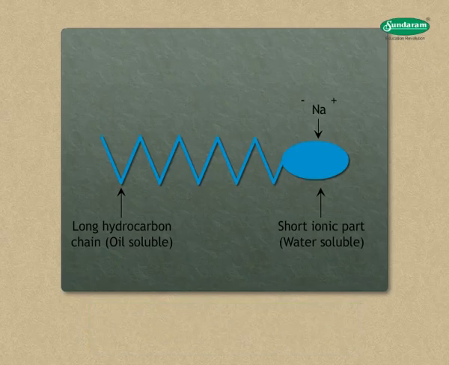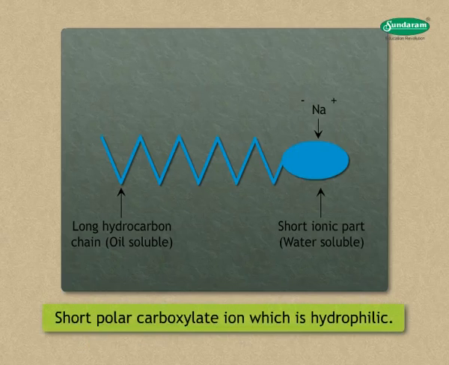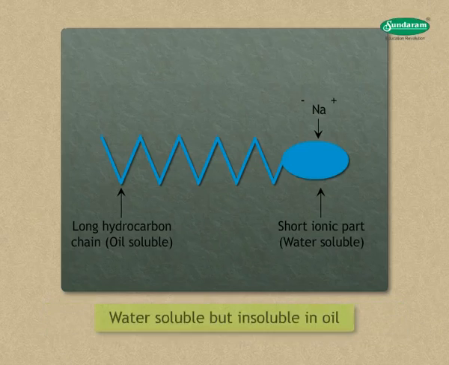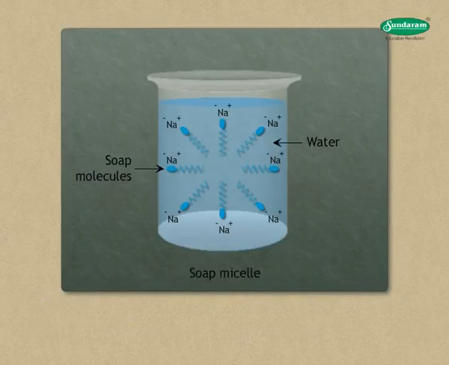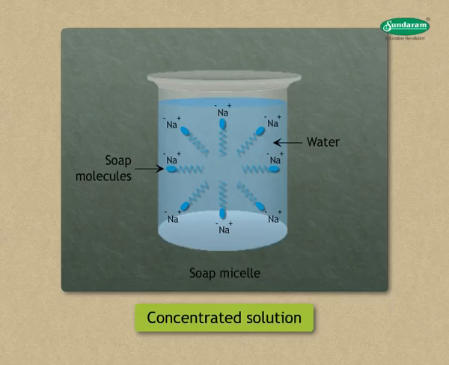At the other end of the soap molecule is a short polar carboxylate ion which is hydrophilic, that is water soluble but insoluble in oil. When soap is mixed with water, the solution becomes concentrated and causes foaming.